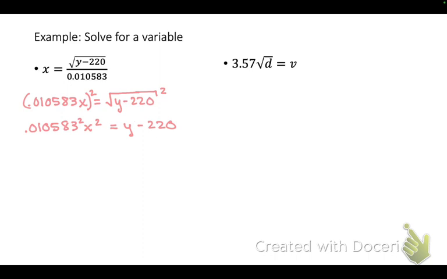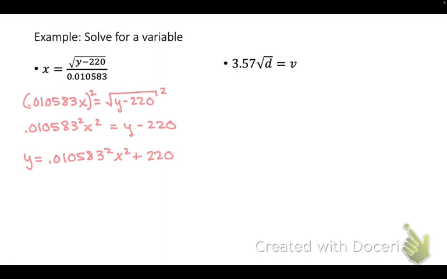Y. You got to keep telling yourself Y so you don't automatically solve for X, right? Now what? You're gonna add the 220. So I'm going to get y equals 0.010583 squared x squared plus 220.